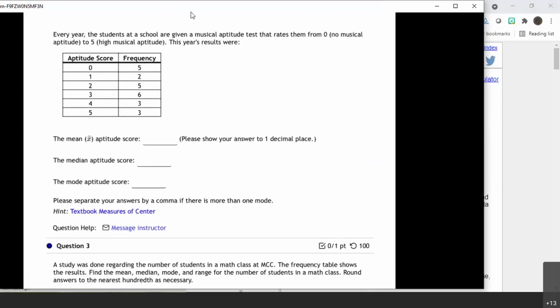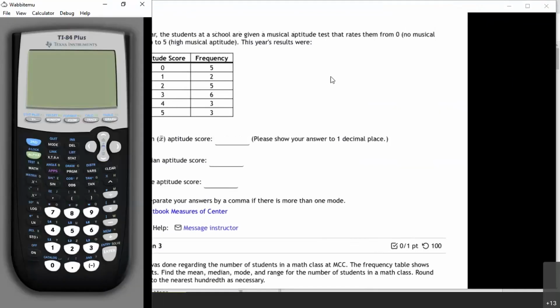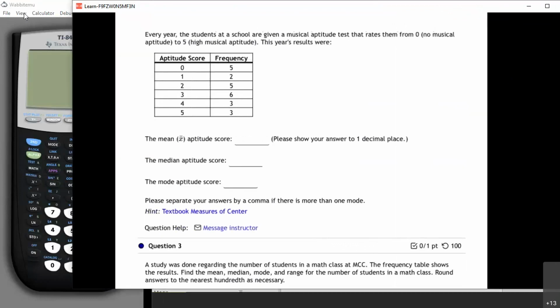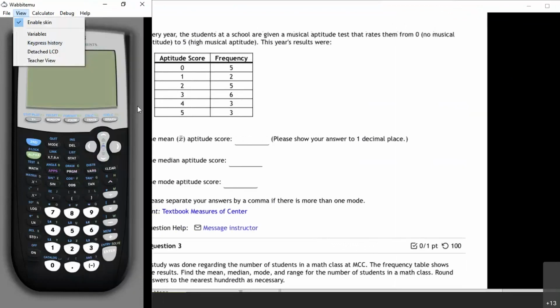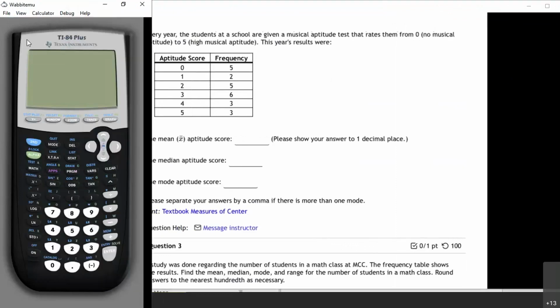If you're doing this on a TI-84, all you need to do is enter your scores in list 1, and your frequencies in list 2. So I'm going to just turn it on again and go back to my lists. I'm going to clear list 1, because I had data in that one from before.